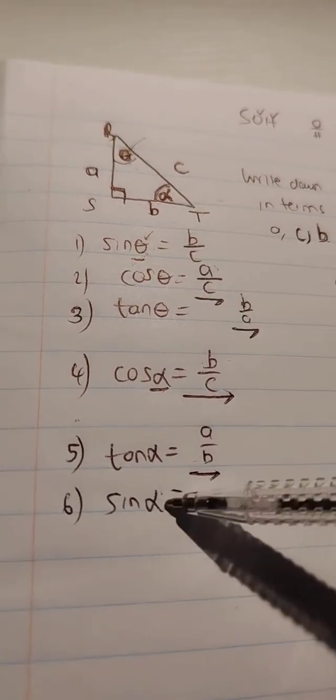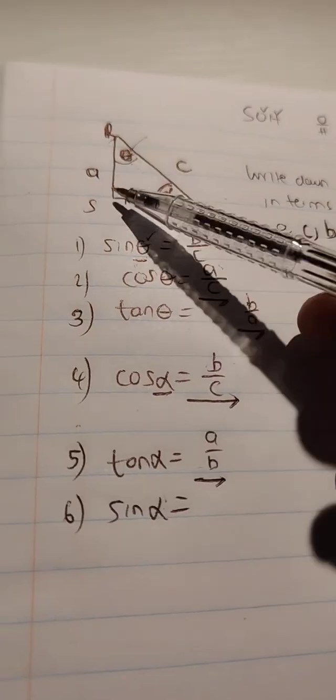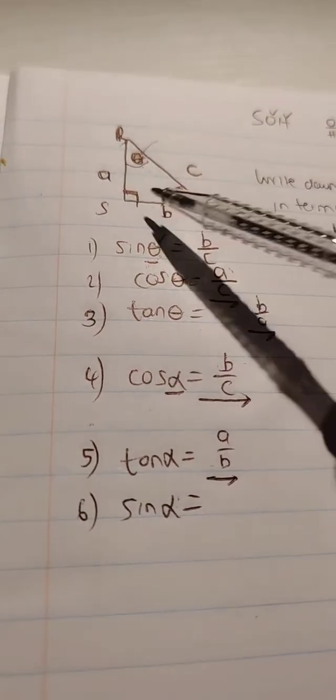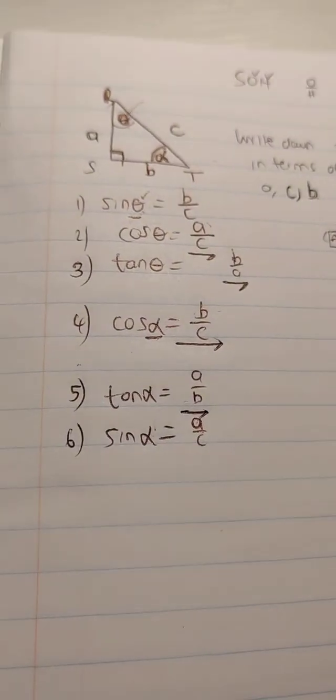There's alpha. What's the definition of sine? Sine is opposite over hypotenuse. So it is A over C. True. A over C. Good, guys.